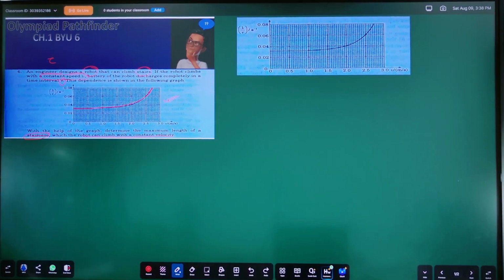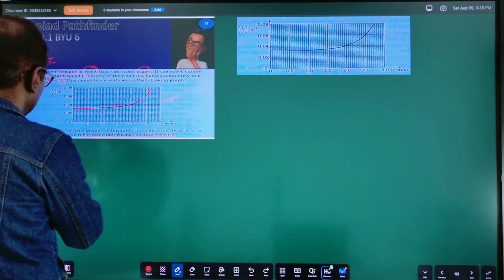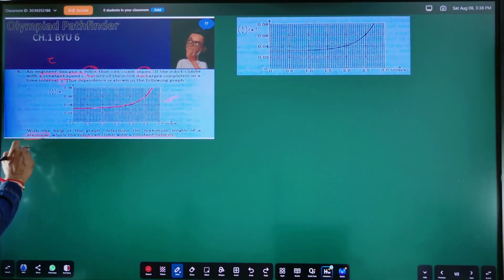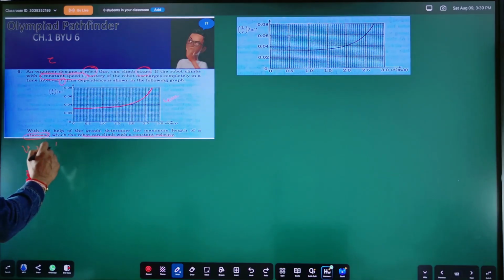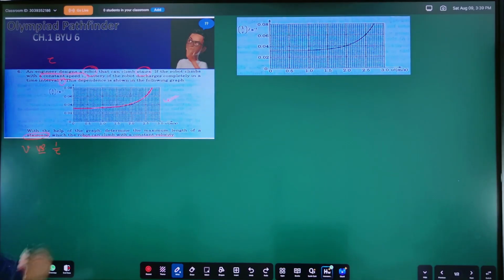If you notice, this graph is between speed versus 1 by tau, where tau is the total time.